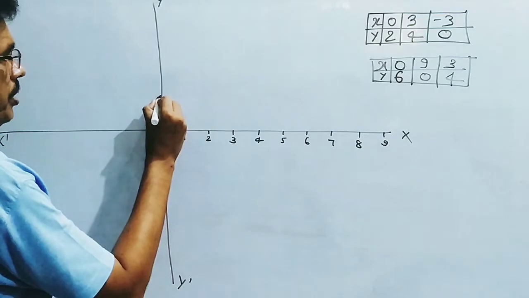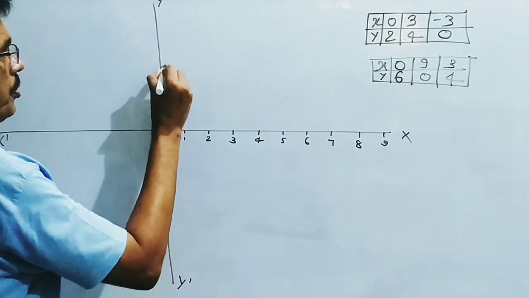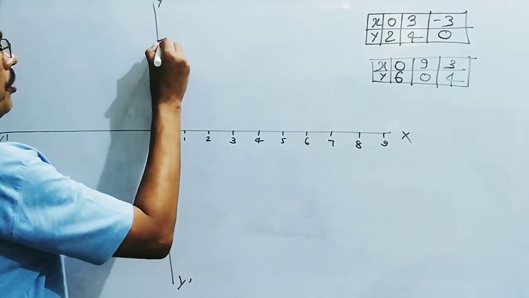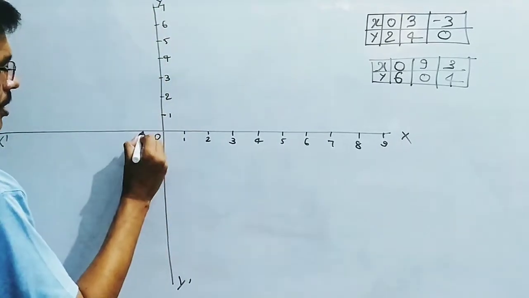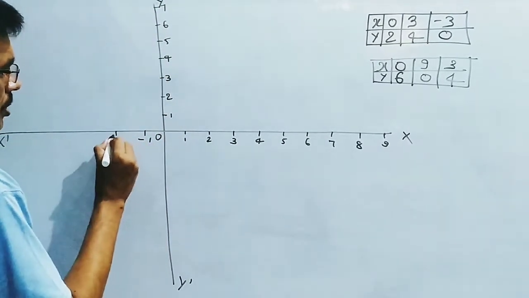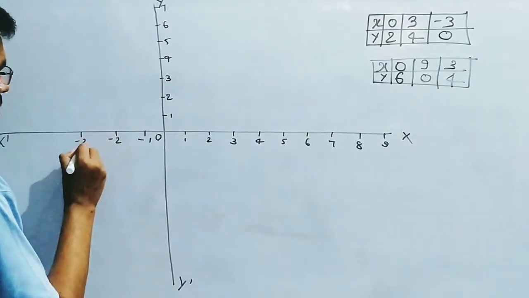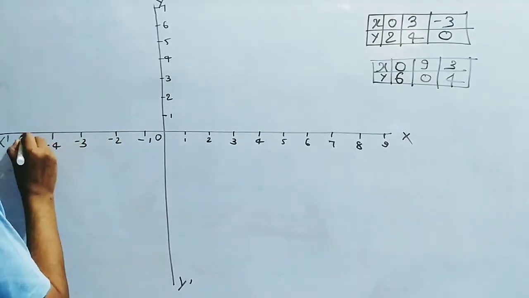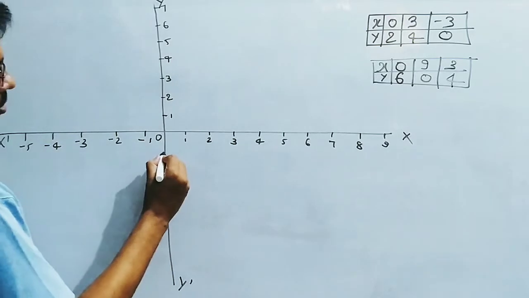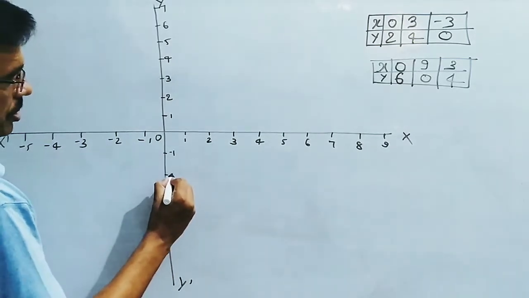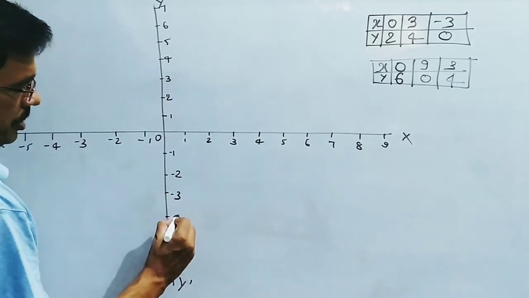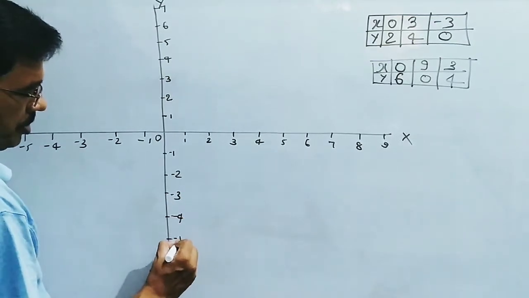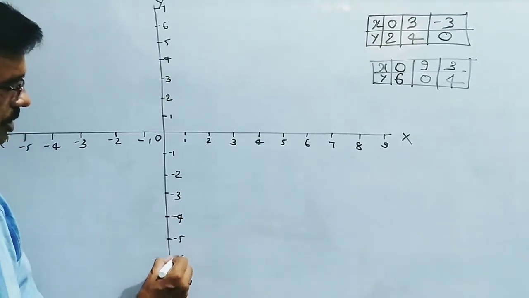Here is 1, 2, 3, 4, 5, 6, 7. Minus 1, minus 2, minus 3, minus 4, minus 5. Minus 1, minus 2, minus 3, minus 4, minus 5, minus 6.